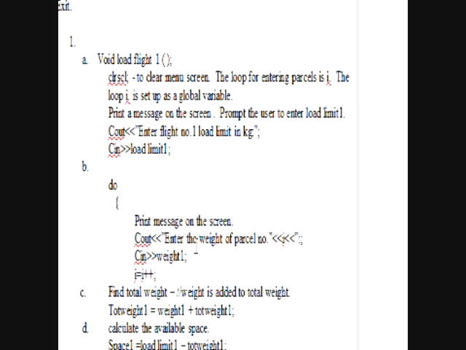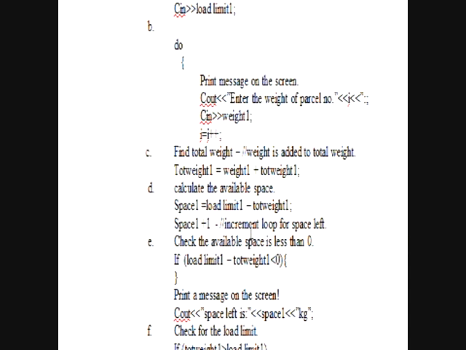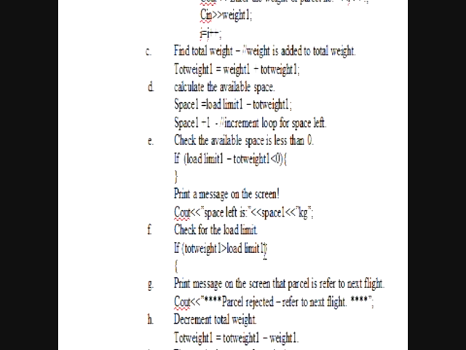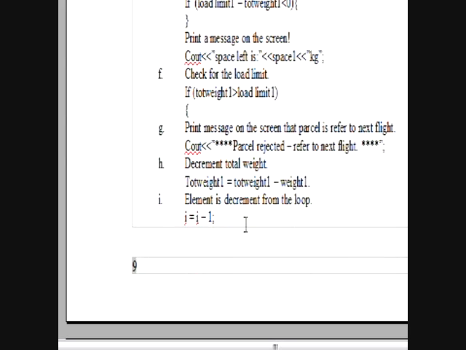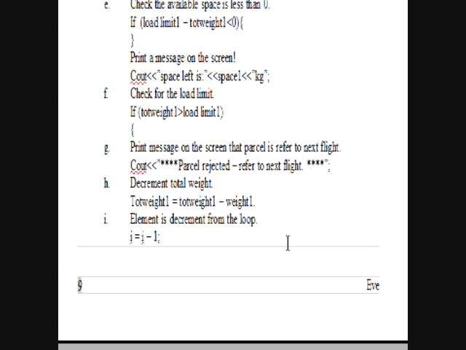Then we check the weight of the parcel put in, and if it's equal to or greater than the load limit of the flight, then we reject it. If we go through the English statement here of the whole thing, you can pause at this moment to go through everything and see that you understand what's going on.